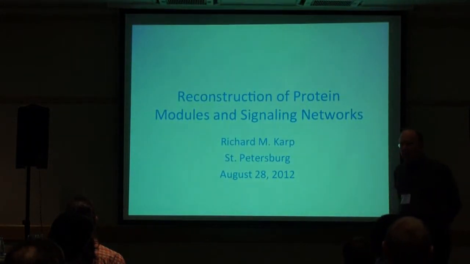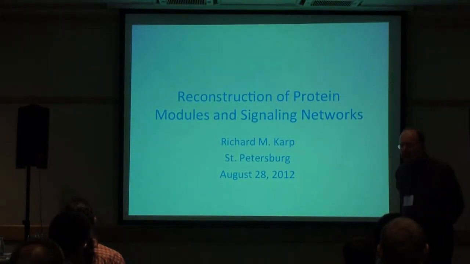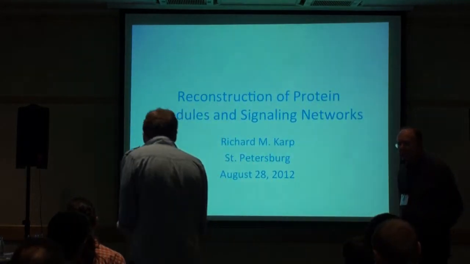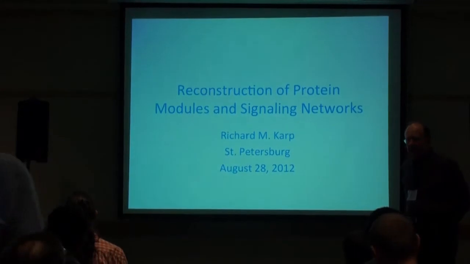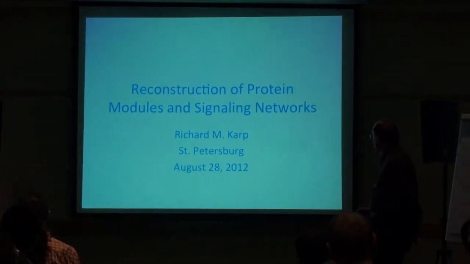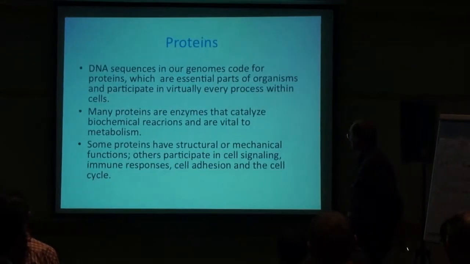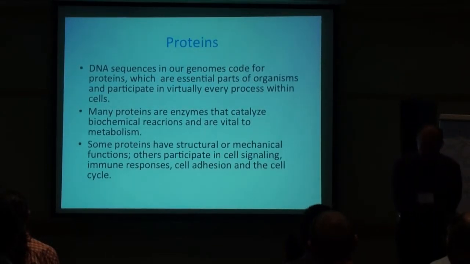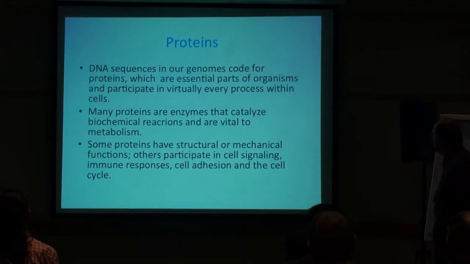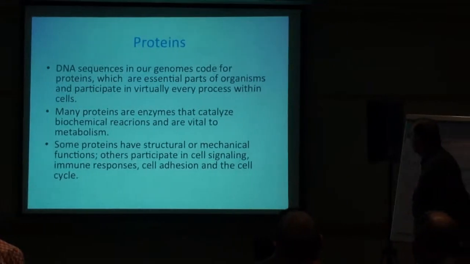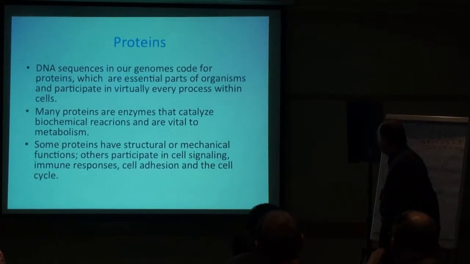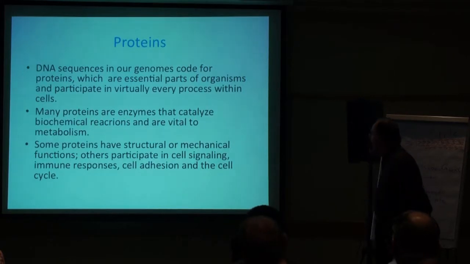So I'm going to talk about a couple of problems. The first involving protein interaction networks, and the second involving reconstruction of signaling pathways. And let me begin with a few well-known facts about proteins. So the DNA sequences in our genomes code for proteins, which are essential to almost every process that takes place in living cells.